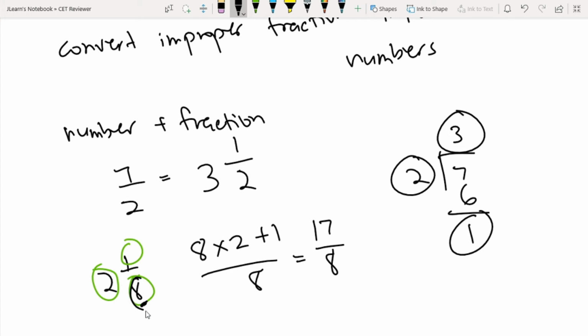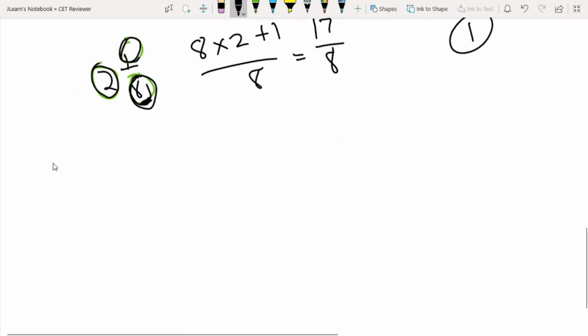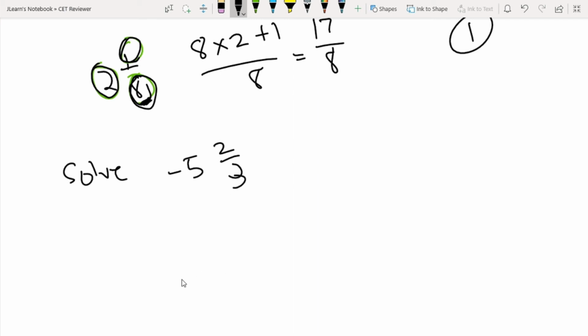So denominator multiplied by the number plus the numerator divided by the original denominator. Okay? So here are some problems to solve. So convert negative 5 and 2/3 into improper fractions, and try converting 112 over 7 into a mixed number, also negative 49 over 5.